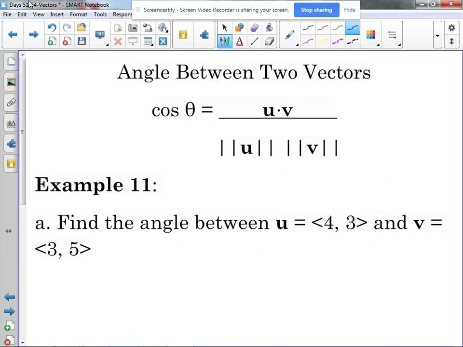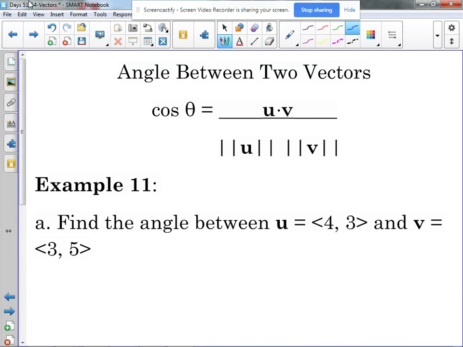Okay, let's talk about finding the angle between two vectors. There's a little formula to this, and there is a proof of why this is the way it is. I'm not going to go through the proof. I'm just going to give you the formula. We're going to use the formula.